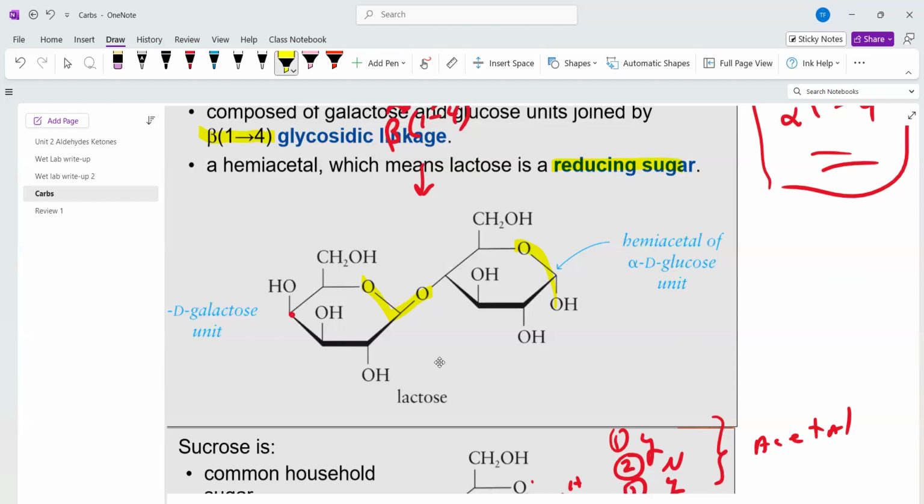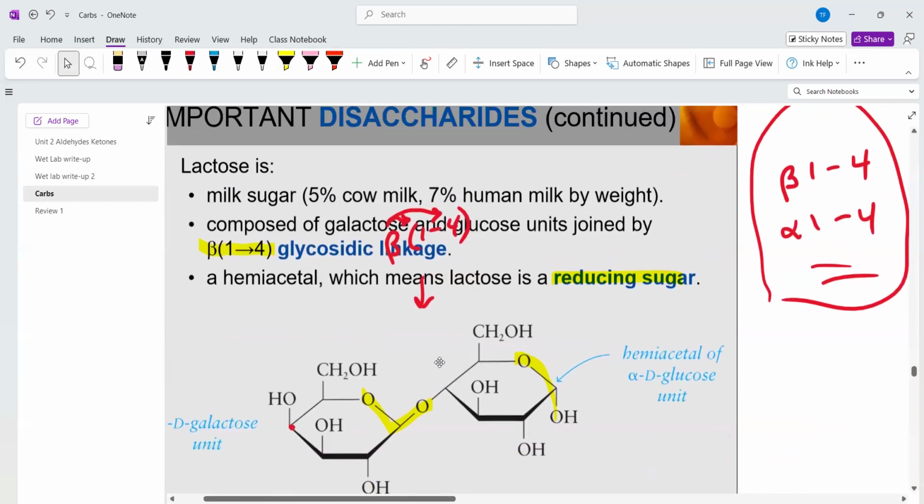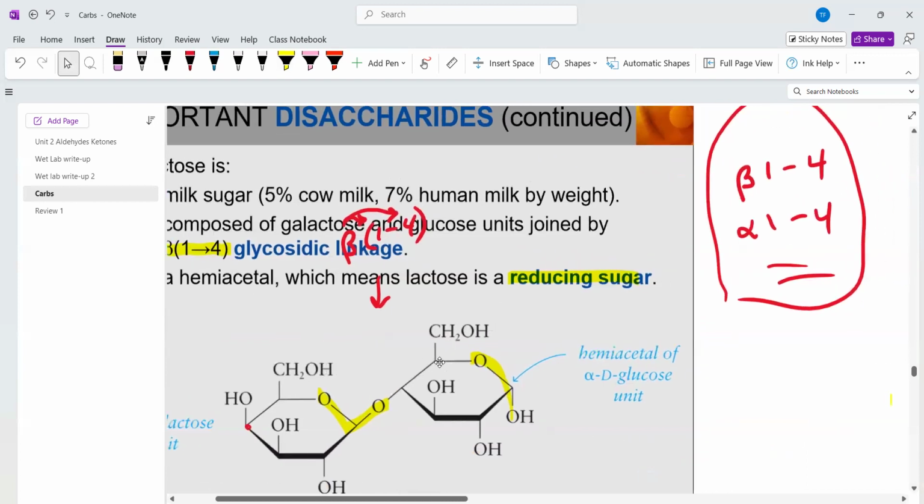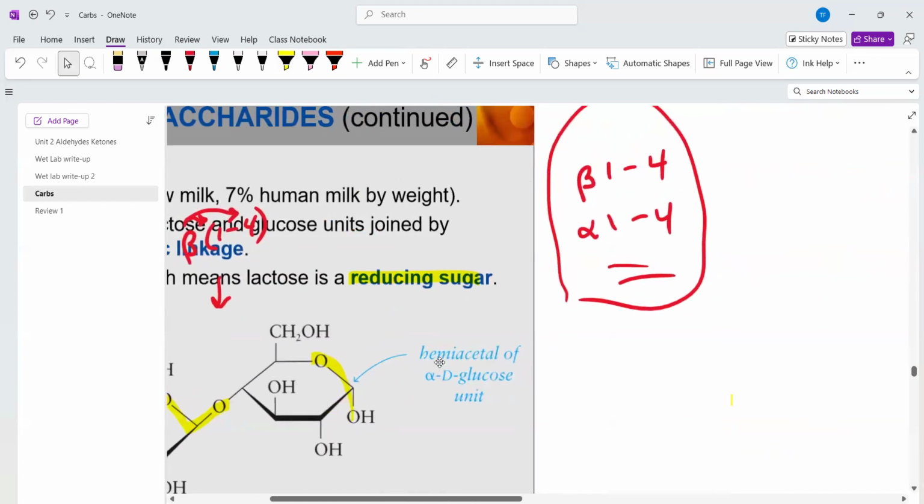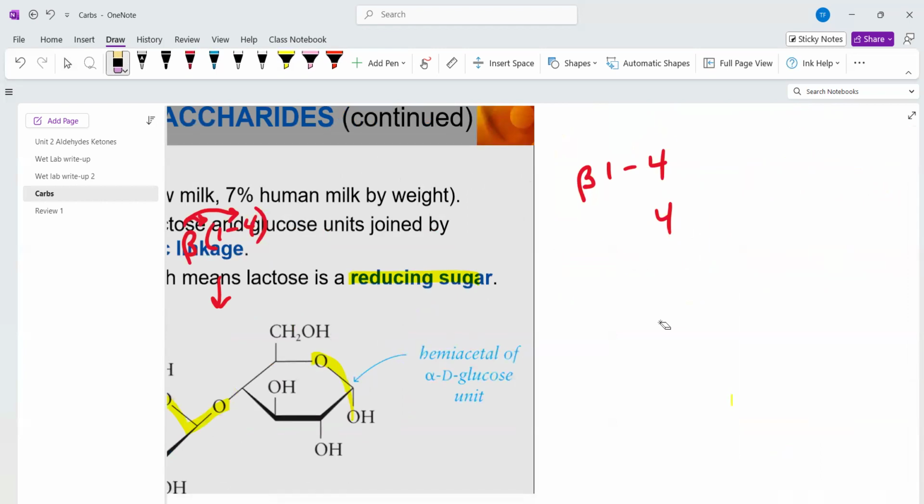Okay. So lactose is a beta 1,4 linkage. It's a reducing sugar because of the hemiacetal.